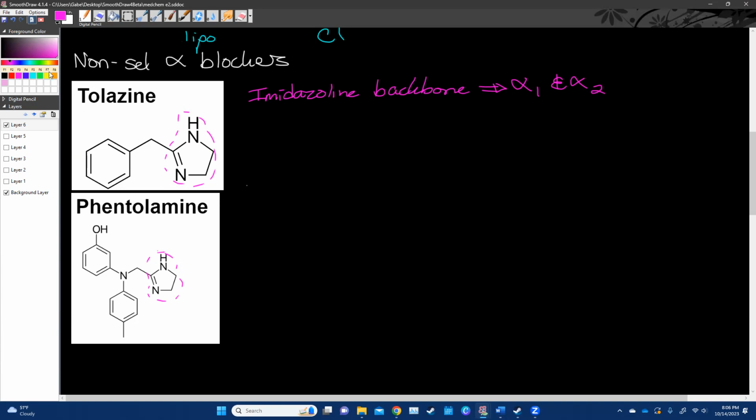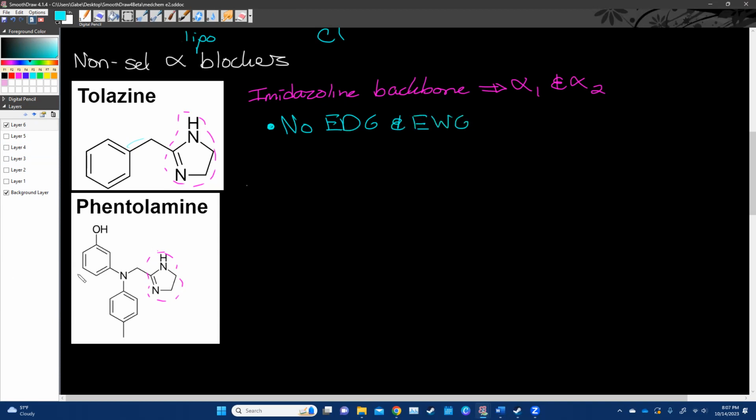But for tolazoline, does it have electron withdrawing or electron donating groups? Essentially neither, right? We need to have this carbon here in order to have it be connected. But in the case of tolazoline, we have no donating groups and no electron withdrawing groups.